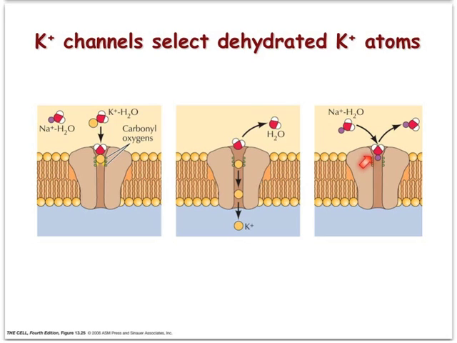This lack of enough proximity prevents those sodium ions from being dehydrated. Therefore, the sodium ions remain bound to the water molecule, and the combined size of the hydrated sodium ions is too large to penetrate the small diameter of the potassium channel, therefore preventing sodium ions from freely diffusing through potassium channels.